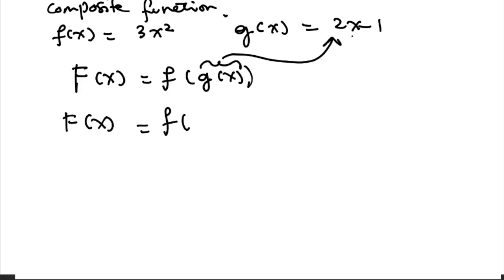My g is what? My g is 2x minus 1. So I just need to substitute gx with this one, 2x minus 1. So capital Fx is a function of small letter fx. Okay, which is this. But this is still generic, not specific, because you still have a general term here. So you make it specific because you know it is this.